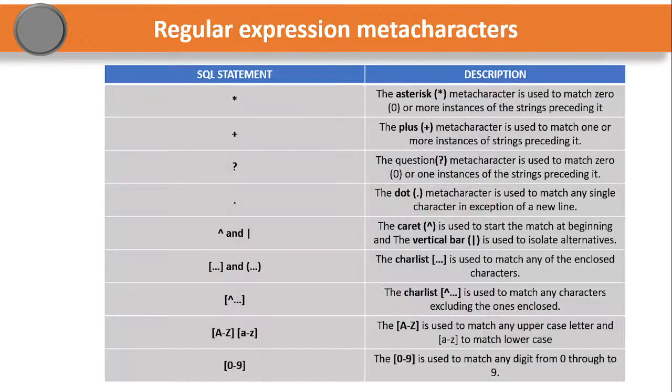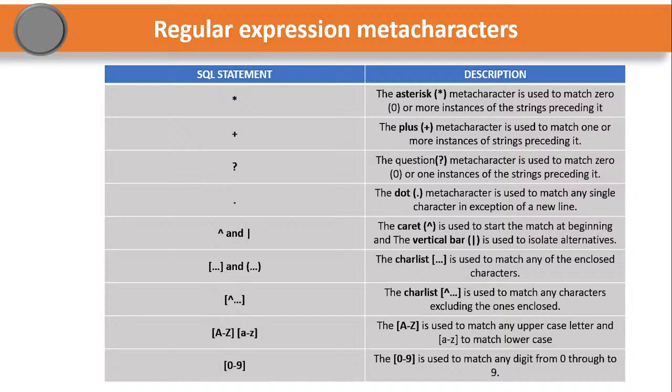Alright, so let us now discuss some regular expression meta characters that are used in SQL. The first one is the asterisk operator. The asterisk meta character is used to match 0 or more instances of the string preceding it. We'll understand this when we are executing in the MySQL Workbench, so I'll just explain the description of how these meta characters work. Next we have the plus meta character, which is used to match one or more instances of a string.